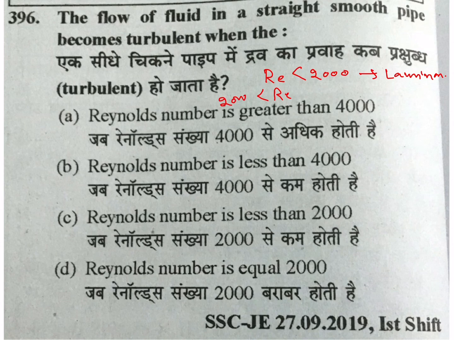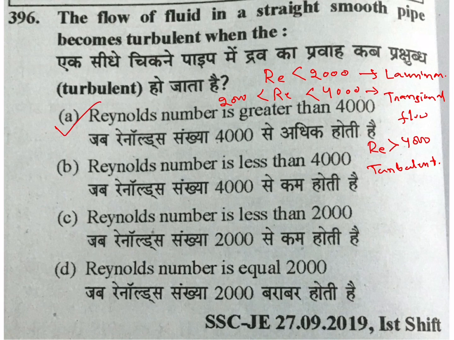R greater than 2000 and less than 4000, transitional flow. R greater than 4000, turbulent flow. So from the options we will check, Reynolds number greater than 4000, A is your correct answer.